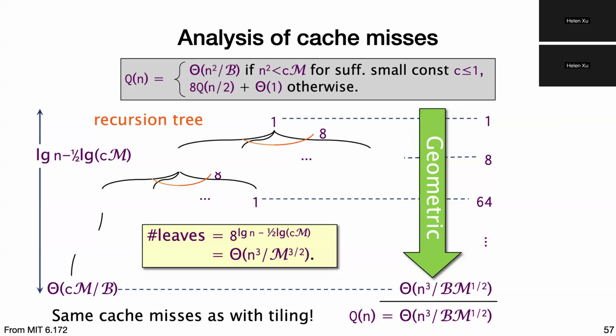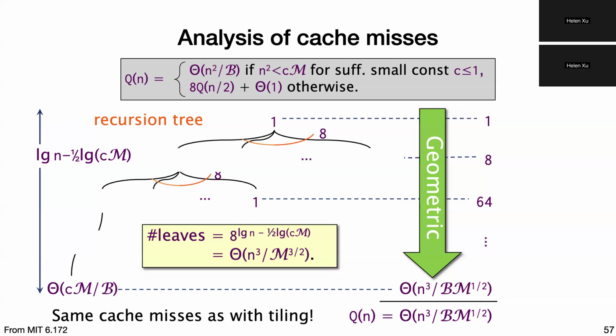The number of leaves is still 8 raised to the height, but now the height is truncated due to the cache size. And the number of leaves, if you expand this out, becomes n cubed divided by m to the 3/2 power. The argument is similar to when we were analyzing the work.